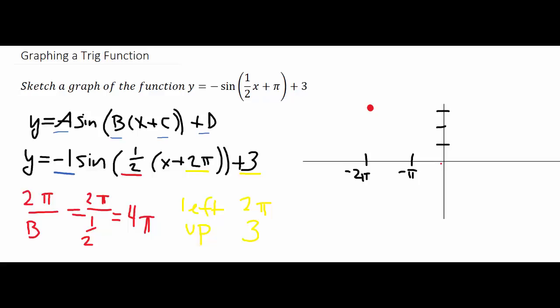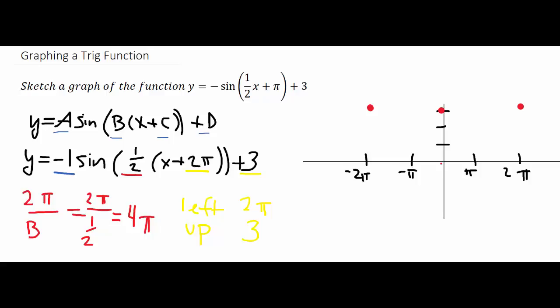And typically we'd expect that my sine graph would go up like this, but instead it's going to be reversed. Well, I know that the period is 4 pi, so it'll make one full oscillation between -2 pi and 2 pi. So I know that there'll be a value here as well. And because it's a sine graph, I'll have a point there at 3.